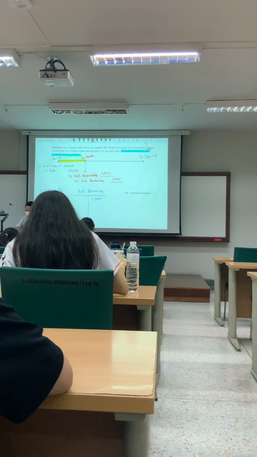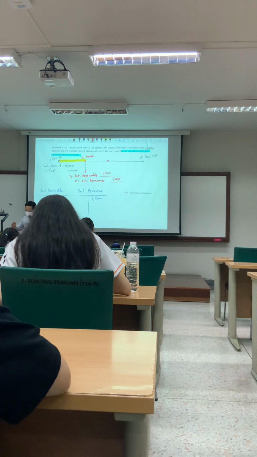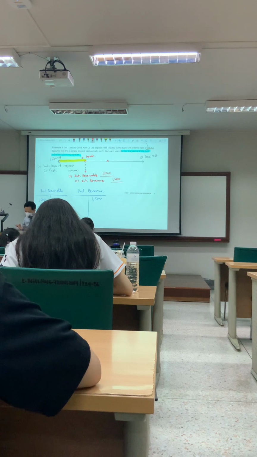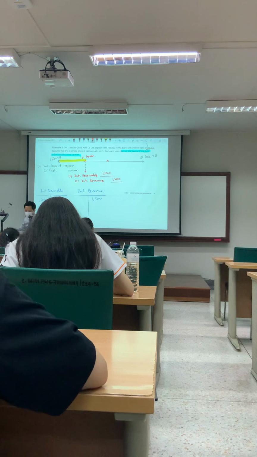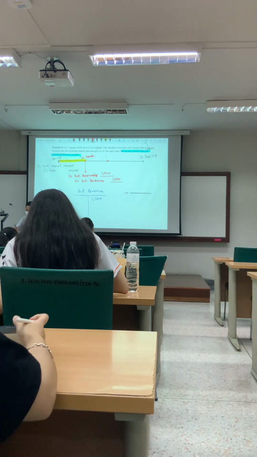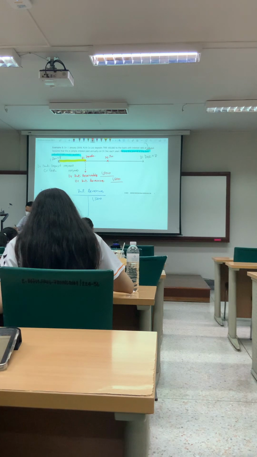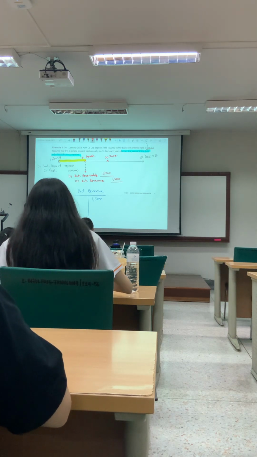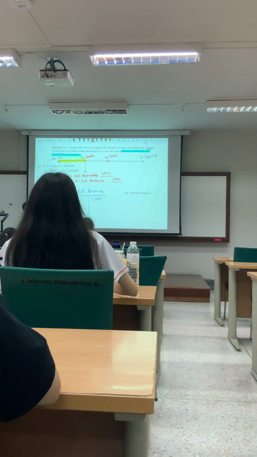So your next adjusting entry will be at the end of the second quarter. When is your second quarter? It's the 30th of June. Okay, how are you going to record the adjusting entry?